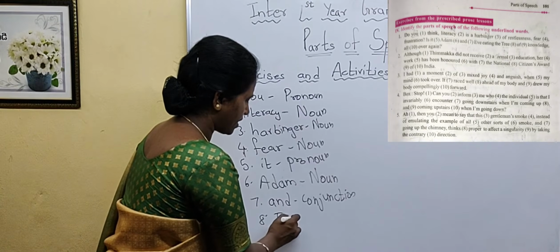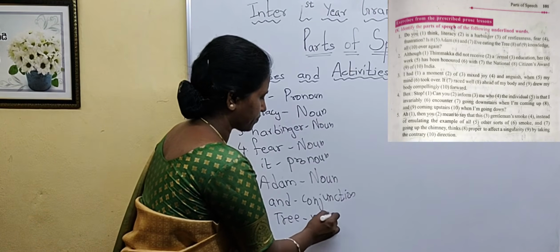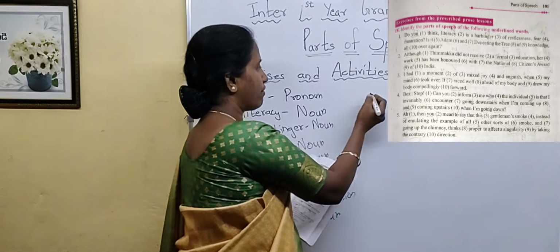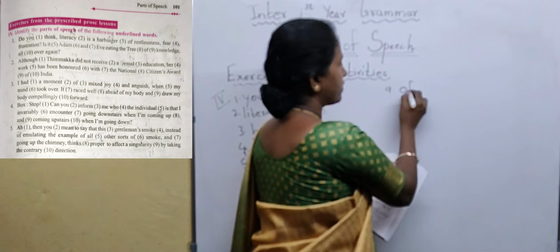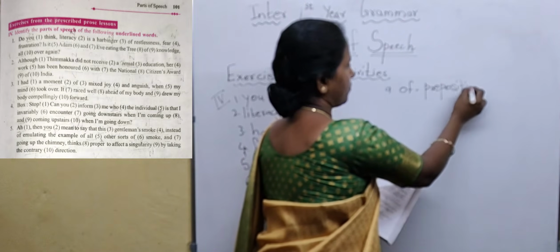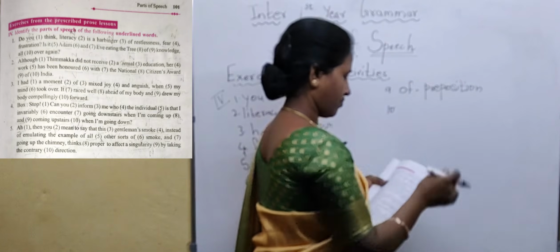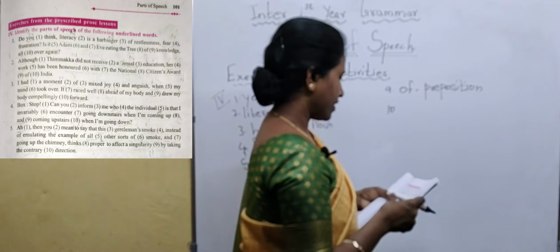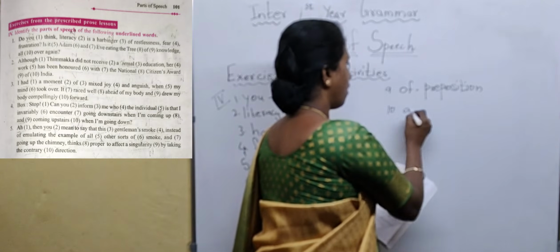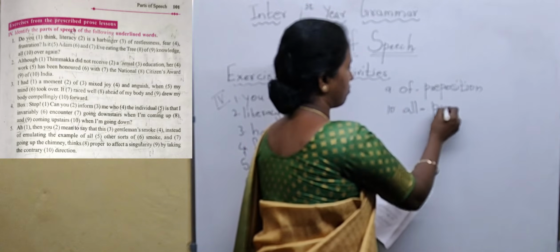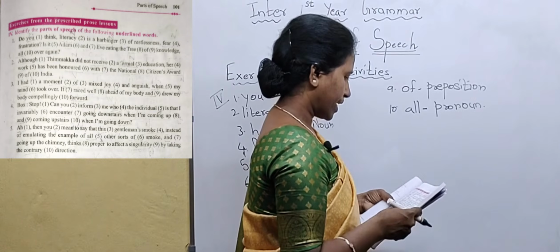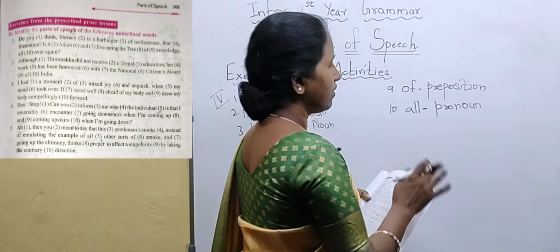So tree is a noun. Of is a preposition. Of knowledge. Knowledge all over again. All is a pronoun. All over again. Okay, so this is for the first one.